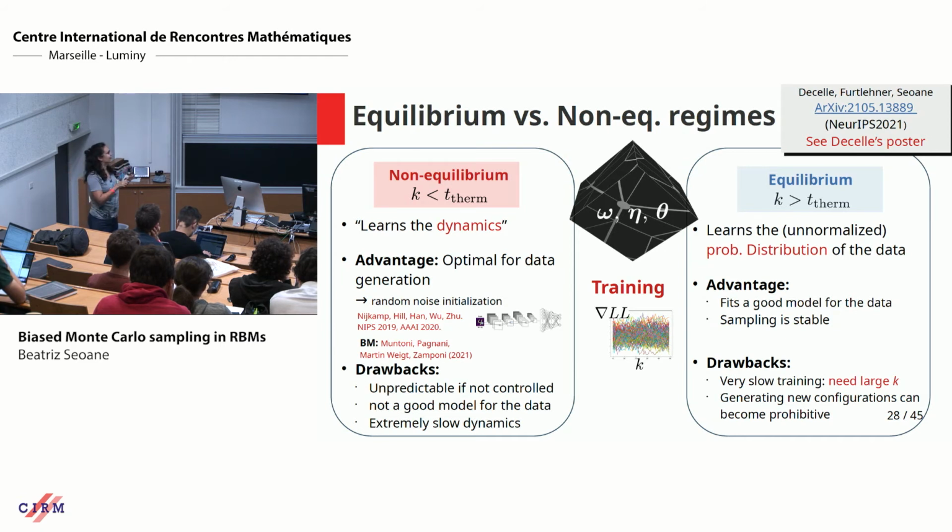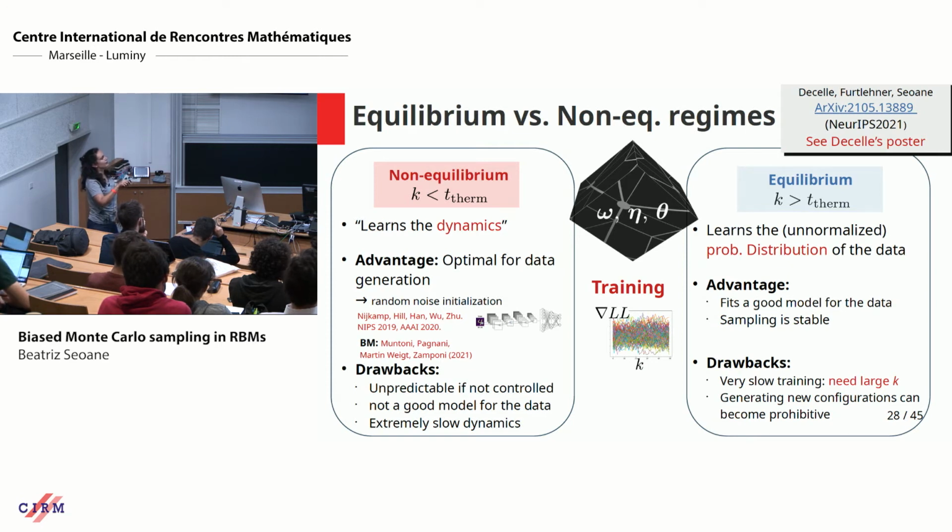So either you control it or it's completely unpredictable, and this explains the difficulties of training RBMs. It creates models that have very complex dynamics, and they are extremely slow. In fact, we have seen that if you force the machine and you train it really out of equilibrium, you end up with a model that is clearly a spin glass, or it seems a spin glass.